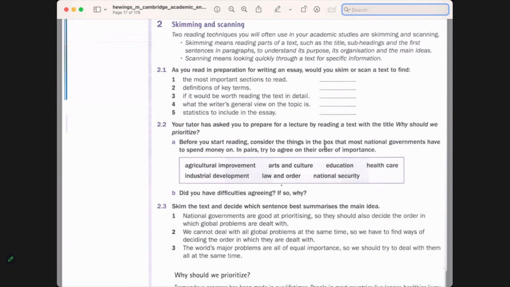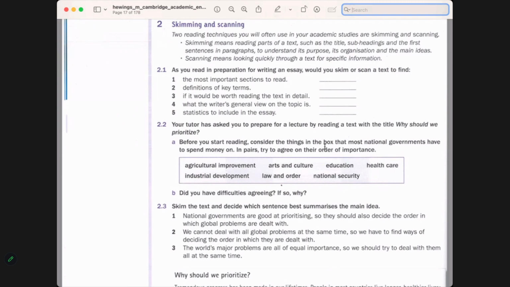So first of all, we have to look through these areas that exist in each country, and prioritize them. So how the government should prioritize these spheres and should pay more attention to one rather than to another.